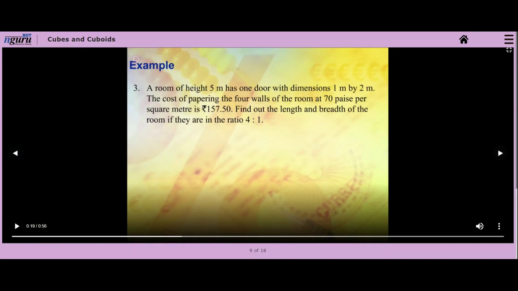So what is the area of 4 walls? 2H into L plus B. So 2 into 5 into 4x plus 1x. But we have to subtract the door, 1 into 2.